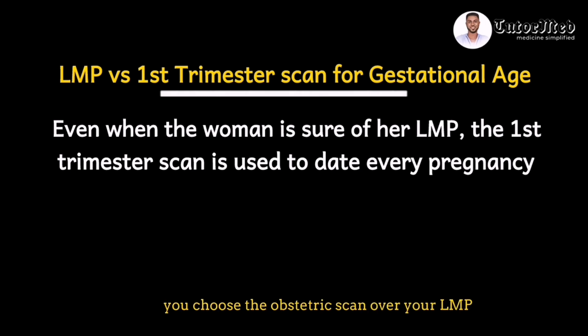You choose the obstetric scan over your LMP, because the obstetric scan which is taken in the first trimester is more accurate in determining the EDD and the gestational age compared to the LMP, especially when your patient's level of education is not so high.